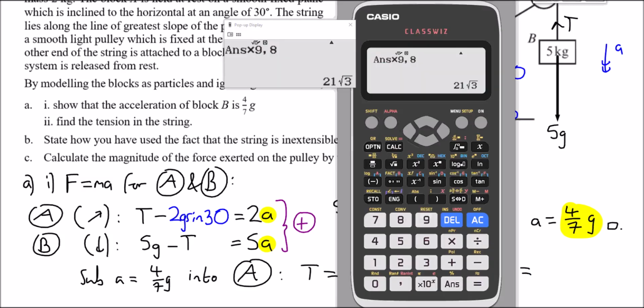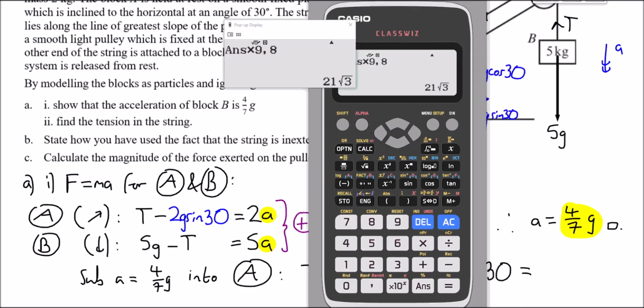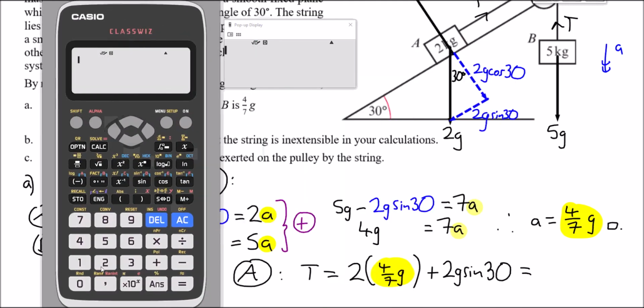So if we do this, 2 lots of 4/7 g, so multiply by 9.8 because that's what g actually is, then plus 2 times 9.8 times sine 30. This is if you forget that sine 30 is a half.